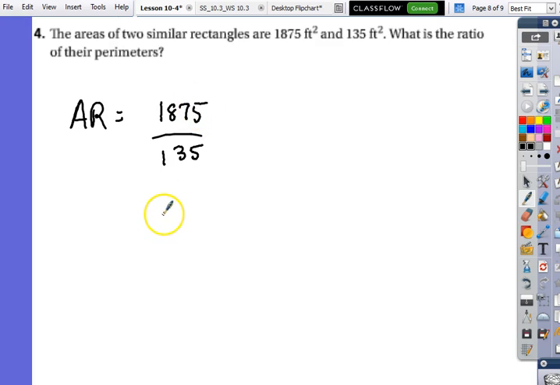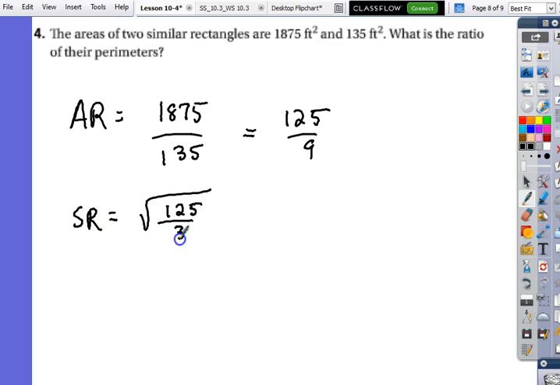And what I need to do at this point is see if that fraction will simplify. 1875 divided by 135 should simplify to 125 over 9. So the similarity ratio will equal the square root of that, which is equal to 5 to 3. So the ratio of their perimeters is 5 to 3.